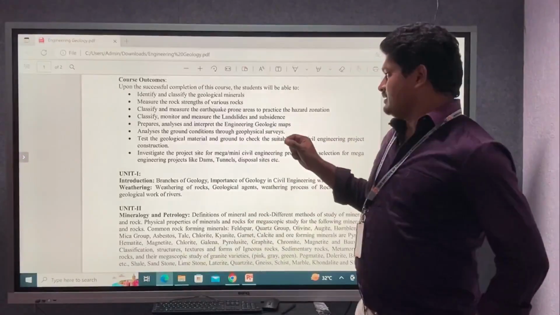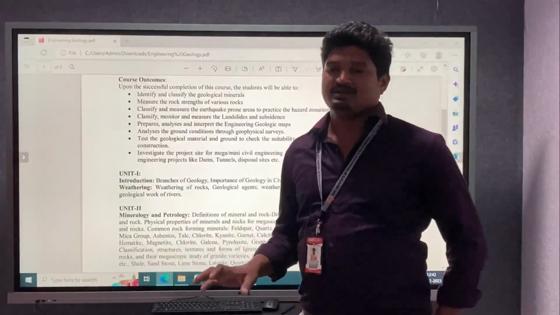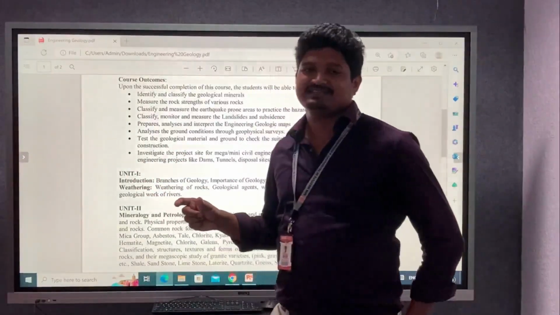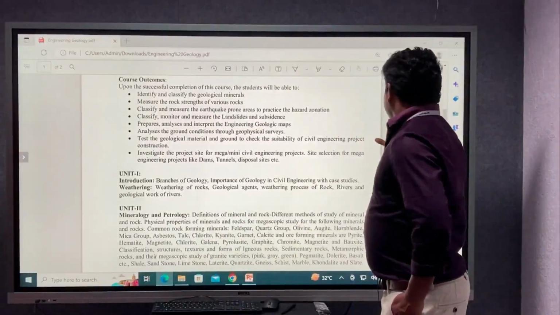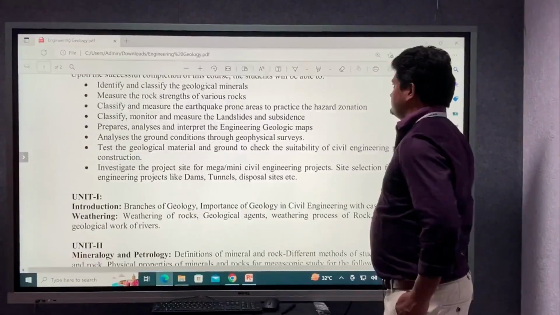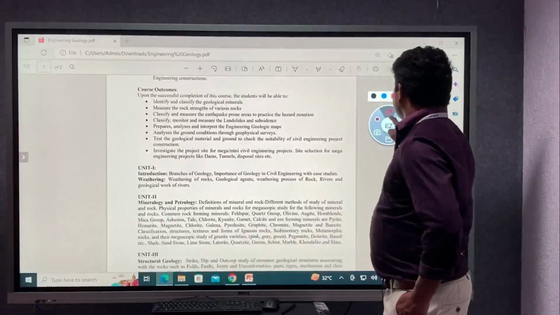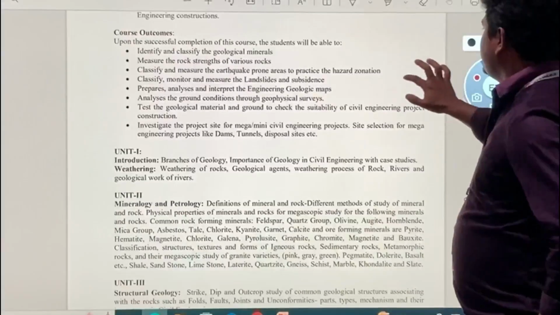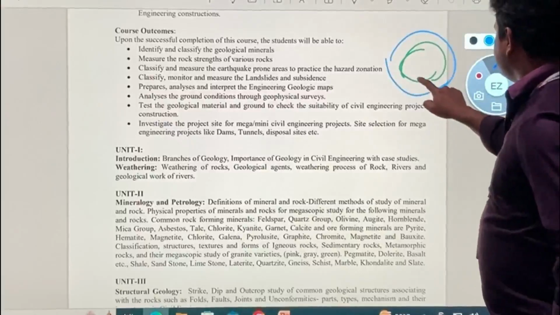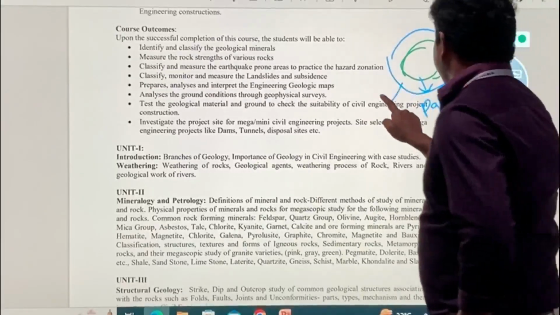For example, if you look at the origin of the earth, at the originated time there was a single continent and a single ocean. The single continent is called Pangaea, and the single super ocean is called Panthalassa.